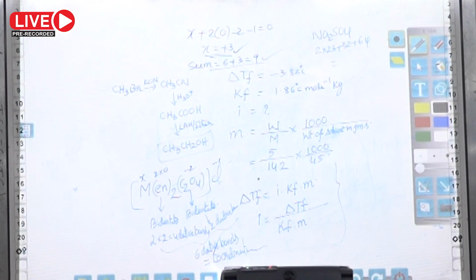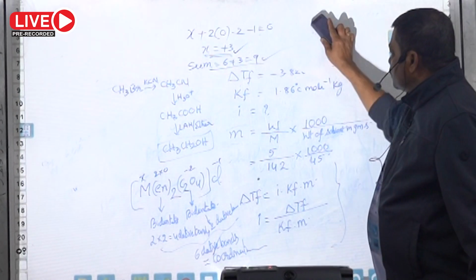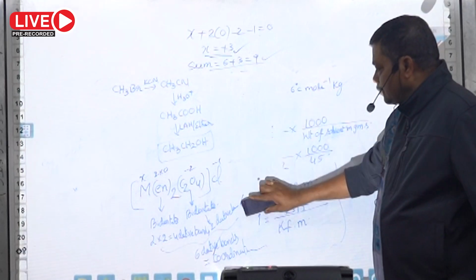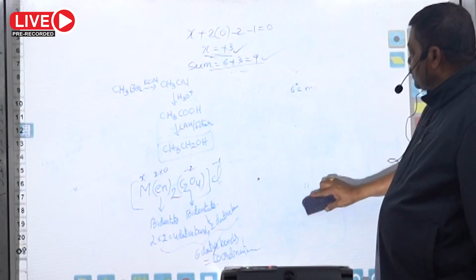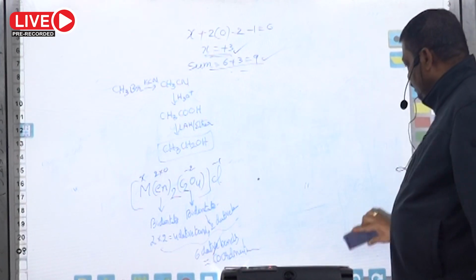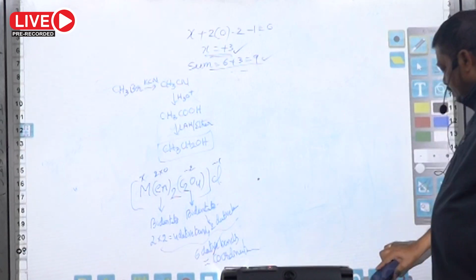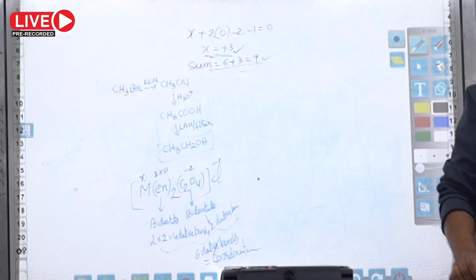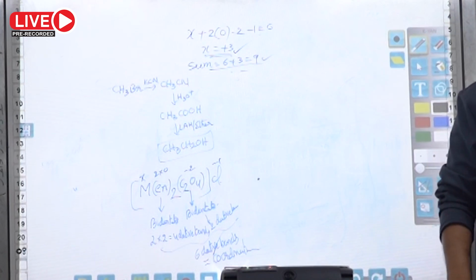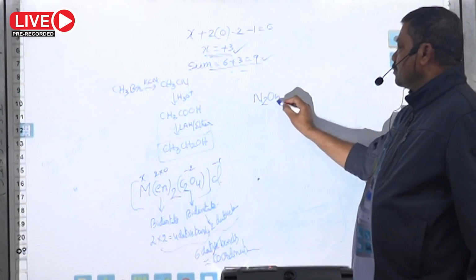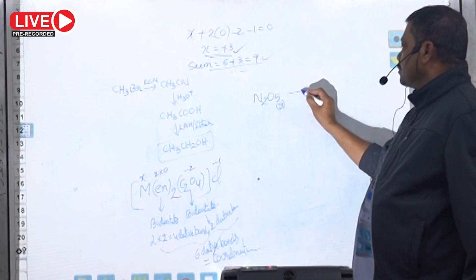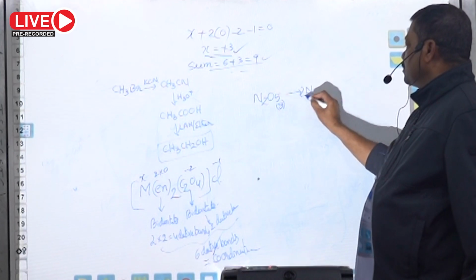Now the sum of the coordination number and oxidation number of the metal M in the complex M(en)2(C2O4)Cl. Here en is bidentate. This is also bidentate.